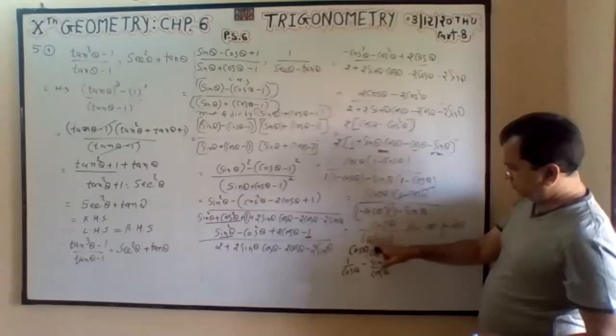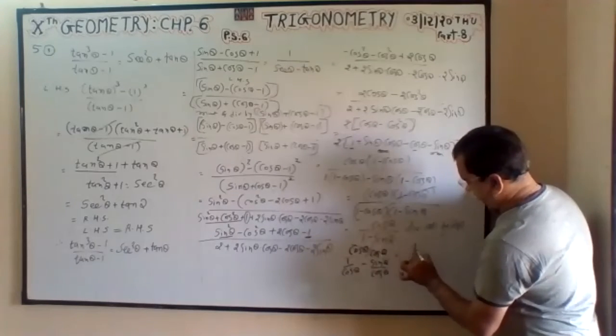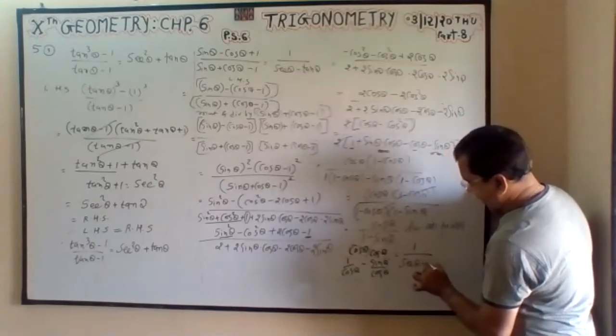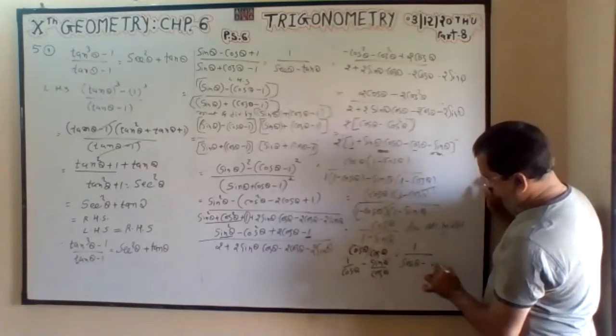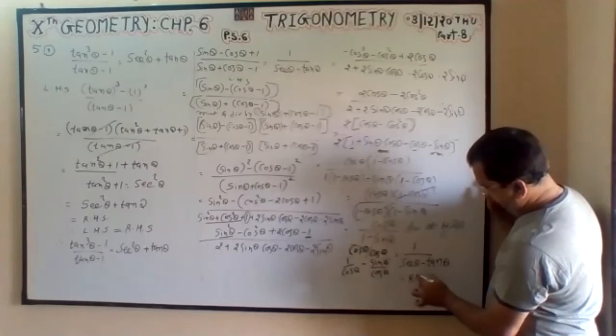Cos by cos cancel, so it is 1. 1 by cos is equal to sec. Sin by cos is equal to tan. Is equal to right hand side.